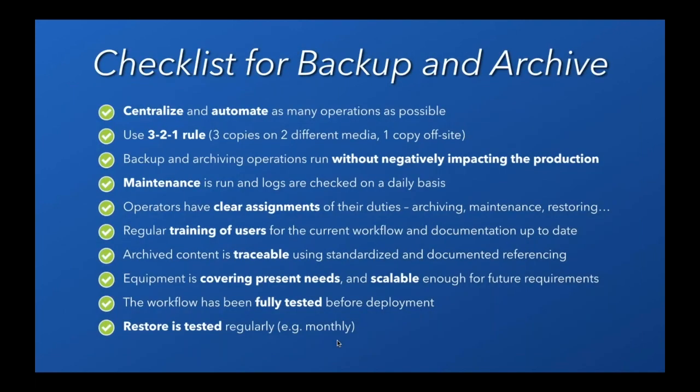Perfect. Yeah. There is a checklist that I want to help you with planning and structuring your processes because there are lots of details that are hidden and that some people discover too late. So let's go through that here in more detail. One important thing is to centralize and automate as many operations as possible.